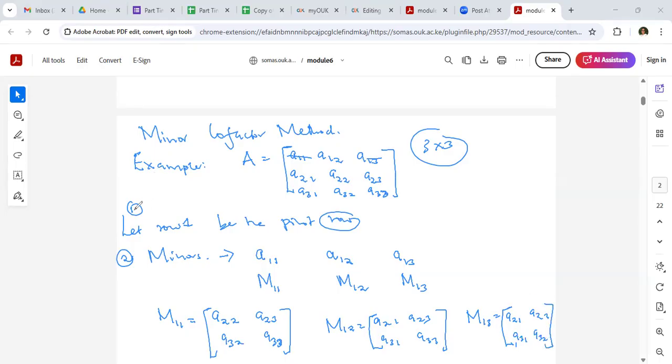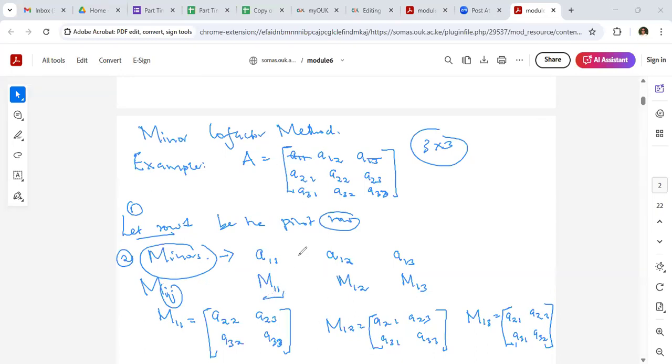So first thing, fix your pivot row. It doesn't have to be row 1, but in my case I've picked row 1, standard. So pick your pivot row, then find the minors corresponding to the entries in the pivot row. You obtain the minors by deleting the ith row and the jth column.